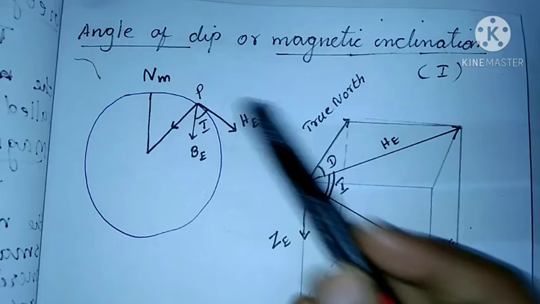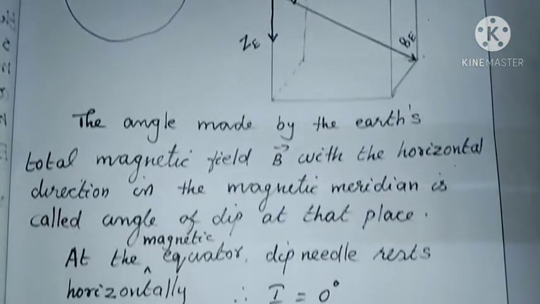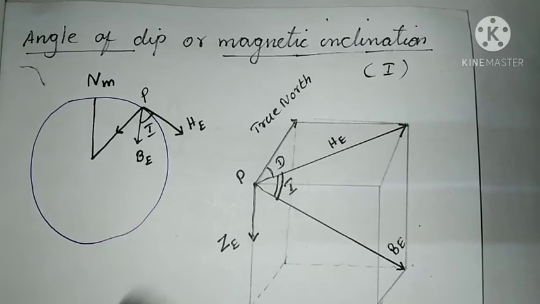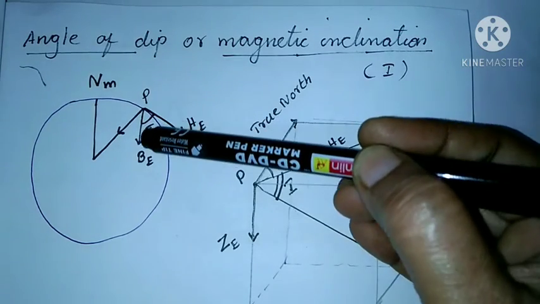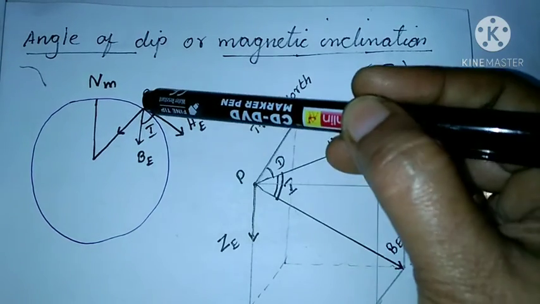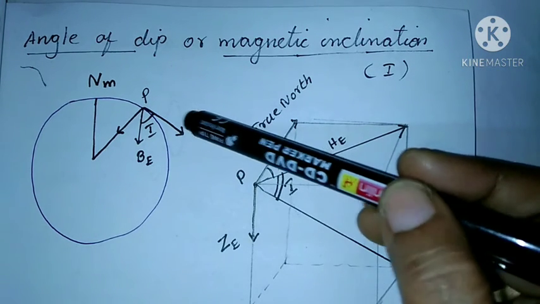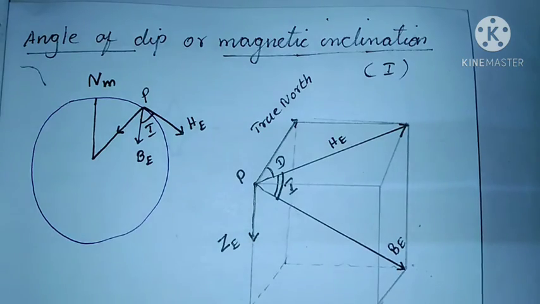Clear? So once again, the angle made by the Earth's total magnetic field B vector with the horizontal direction in the magnetic meridian is called angle of dip at that place.